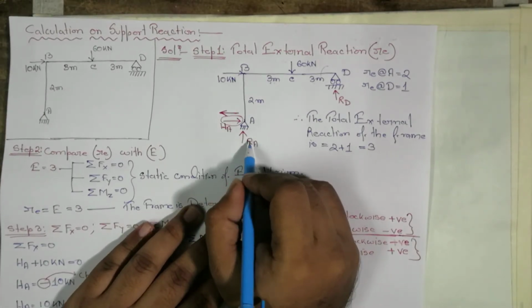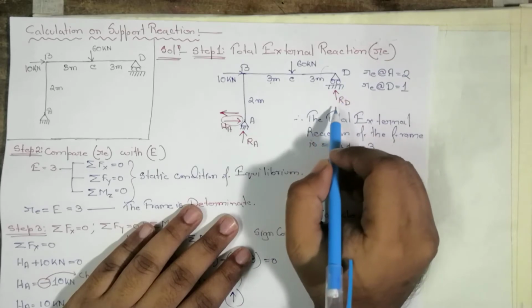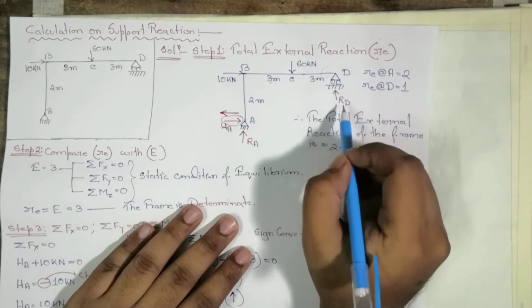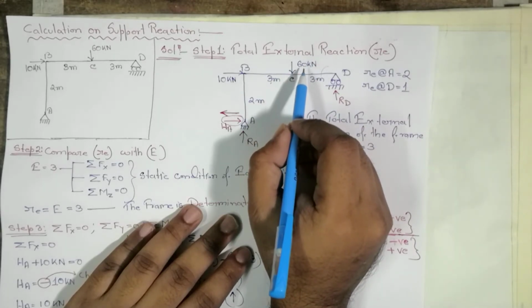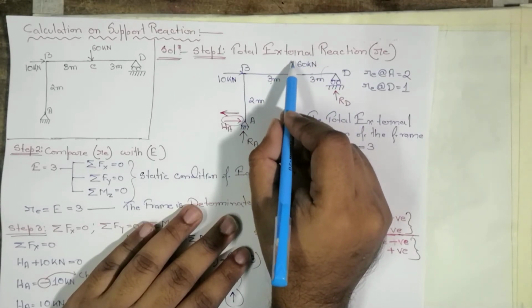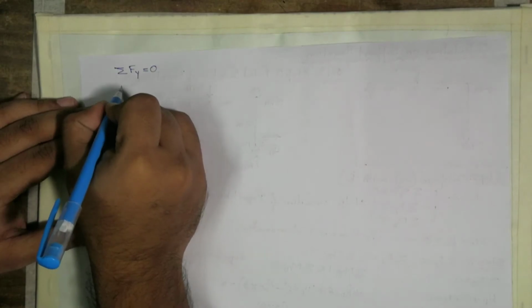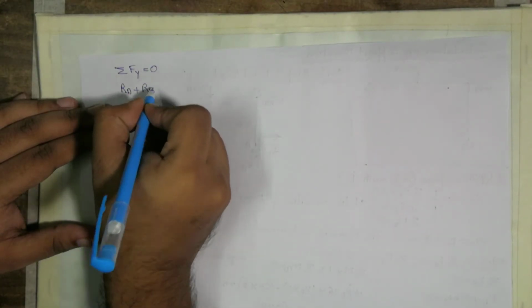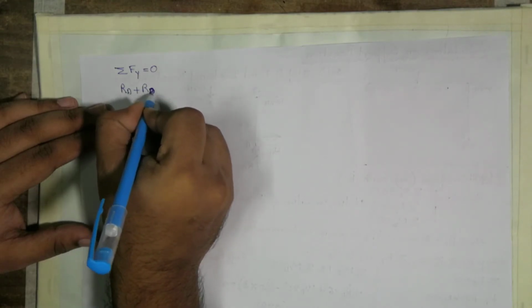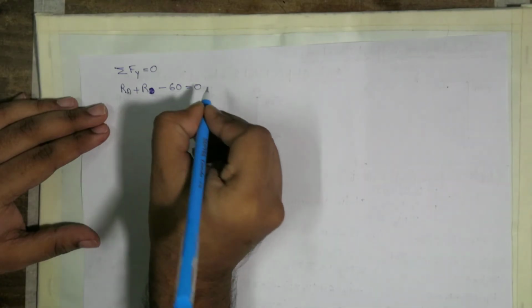RA is acting vertically at point A. Similarly, RD is acting vertically at point D. 60 kilonewton load is vertically downward, as you can see. So we are going to write it as RA plus RD minus 60 is equal to 0.